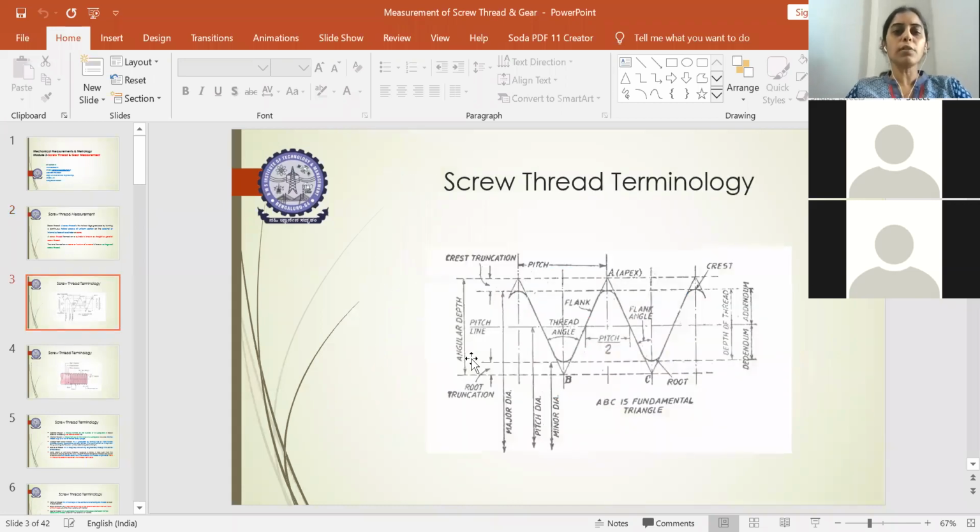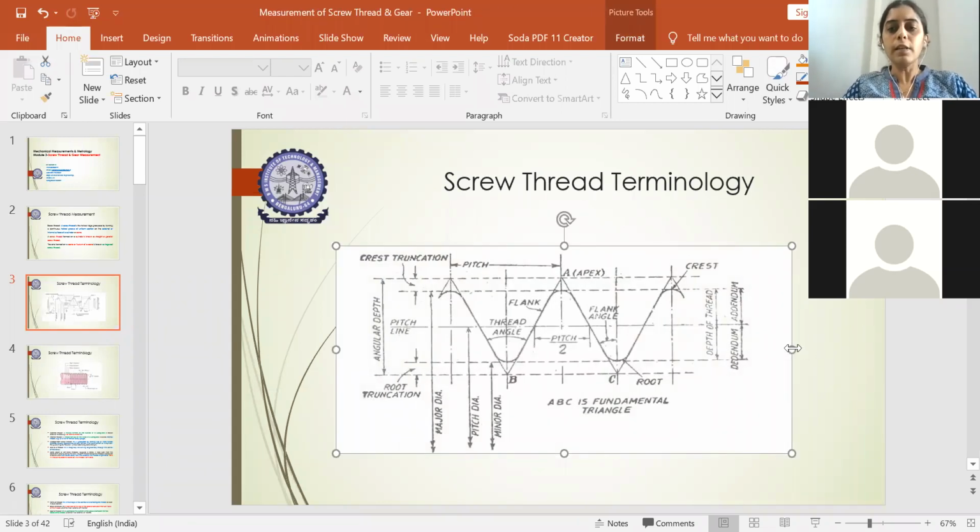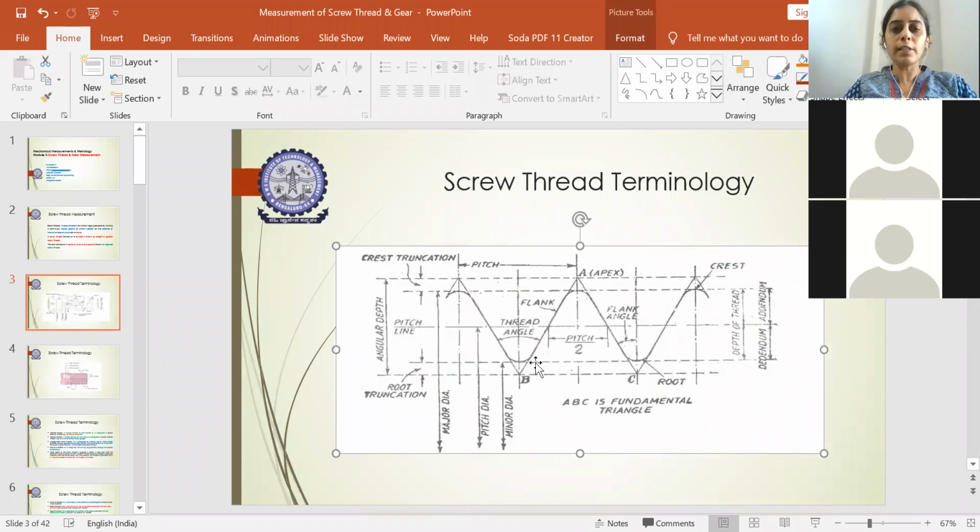So this is about the screw thread terminology. We have around 25 terms related to screw thread. This is related to the sketch, and we will go through all the terminologies clearly. Here you can see the helical grooves which are formed. You have the top of the helical groove as well as the bottom of the helical groove.